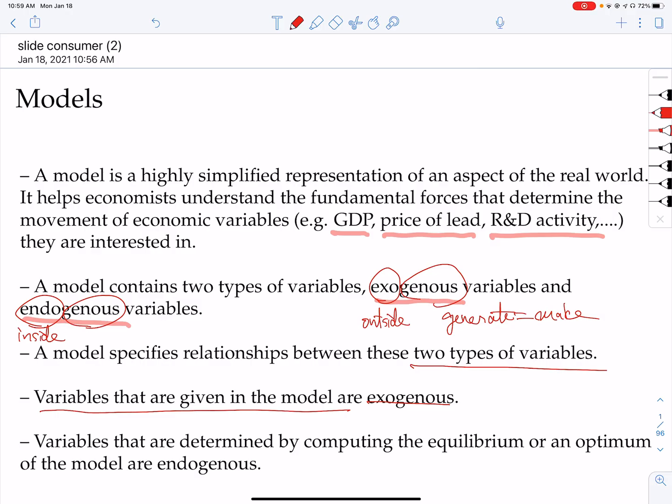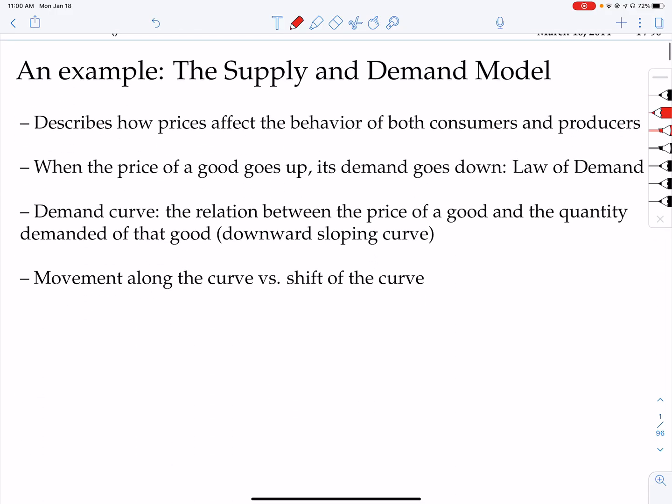So it's not determined in the model. The variables that are determined in the model are endogenous variables, computed as an equilibrium value or the optimum of the values. Okay, so I'll give you an example.